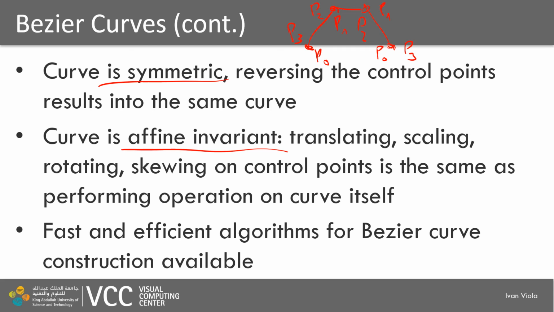We will create a very highly approximating piecewise linear curve, which will look exactly like a Bezier curve, and we will perform the same operations on the control points and then on our approximation of our Bezier curve. Then from the control points which are transformed, if we create the Bezier curve again, it will look exactly the same as our approximate representation of the Bezier curve. So this is the affine invariance.